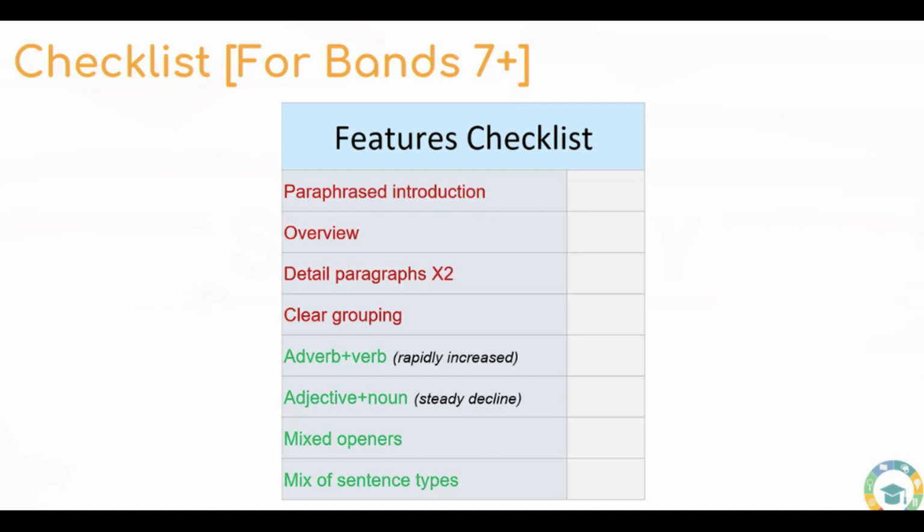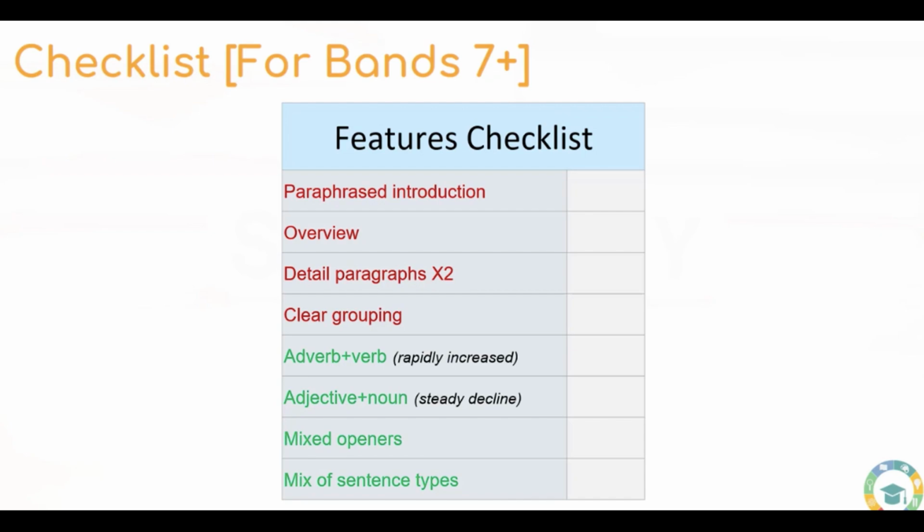This features checklist is exactly the same for any graph, chart or table question because the language is going to be the same in terms of the adverb plus verb, the adjective plus noun. We can use both those features for any graph, chart or table question.